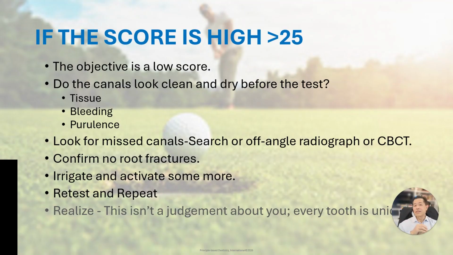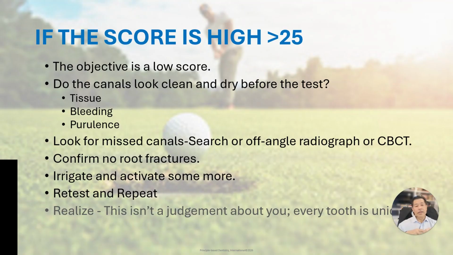Another thing that I don't have listed here that I should put here is rubber dam. If you're not using rubber dam and the patient closes and saliva gets into that canal space, again, you can have a high score. And what if you do this and everything looks good, you can't find a canal, you don't see a root fracture, you don't see that any of the old restorations are leaking, and you've got your rubber dam on?